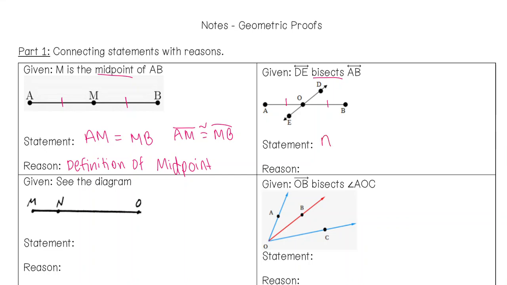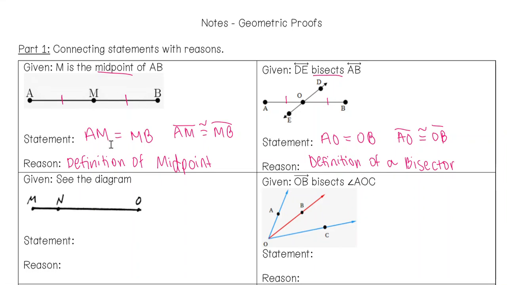So I could make the statement that the measure of AO is equal to the measure of OB, or that the segment AO is congruent to the segment OB. Either way, whichever statement I choose here, I'm going to say that that is based on the definition of a bisector. So I'm using what I know along with the given information to make this claim.